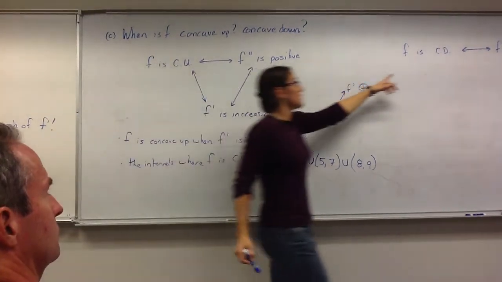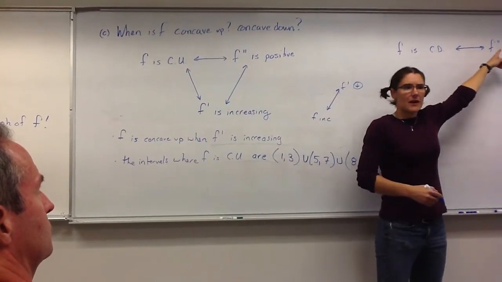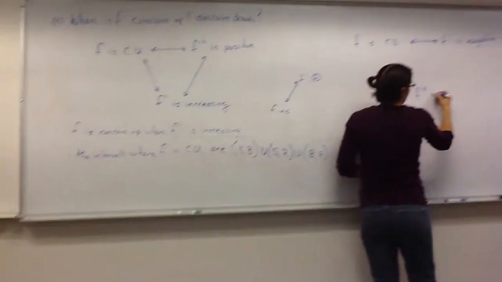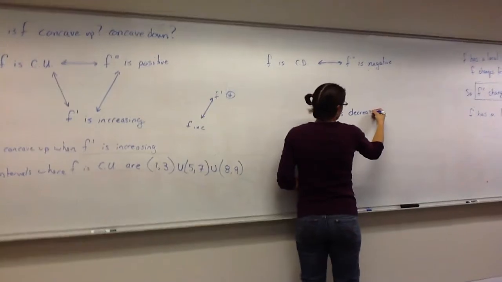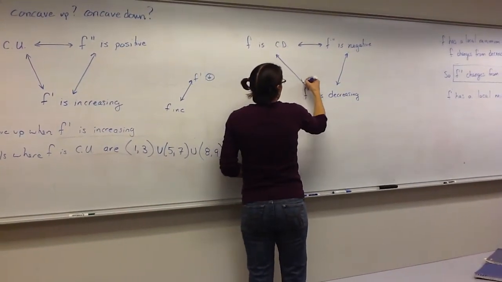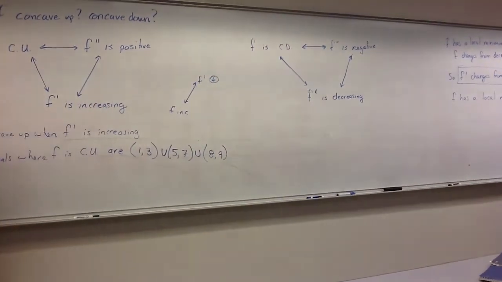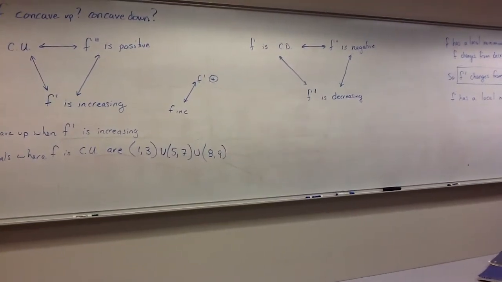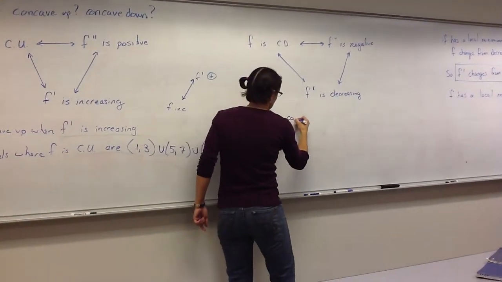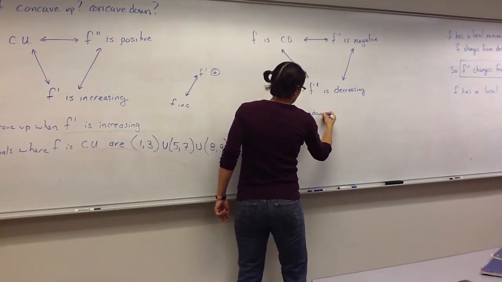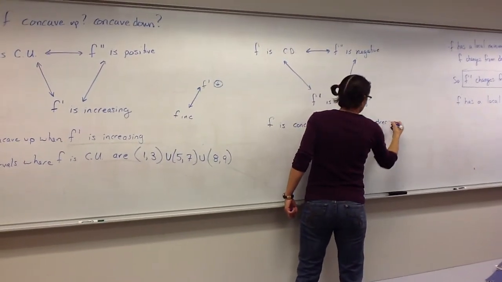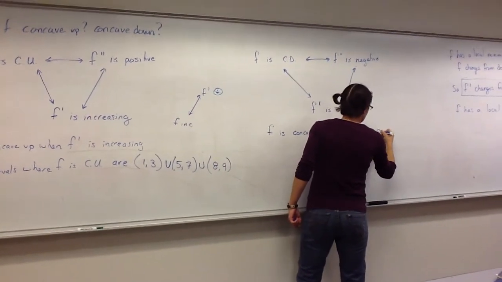Now we have the same connection over here. F double prime is negative. Well, f double prime is the derivative of f prime. So when f prime is decreasing, then our second derivative is negative. And so we can connect that back to our original function f by looking at where f prime is decreasing. So f is concave down when f prime is decreasing.